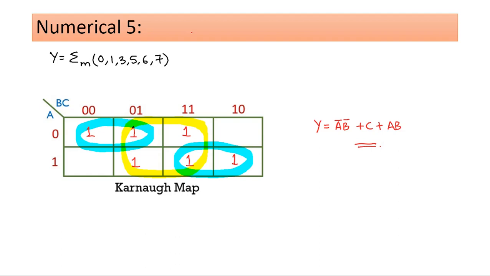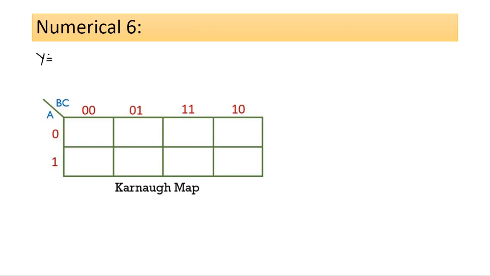Now coming to the sixth question, y is equal to summation m 2, 3, 5, 6 and 7. So let me map the minterms. You have 1, 1, 1, 1 here and corresponding to number 5 you have it here. So when I group, I can group this in terms of 4 minterms, or I can group this in terms of 2 minterms.